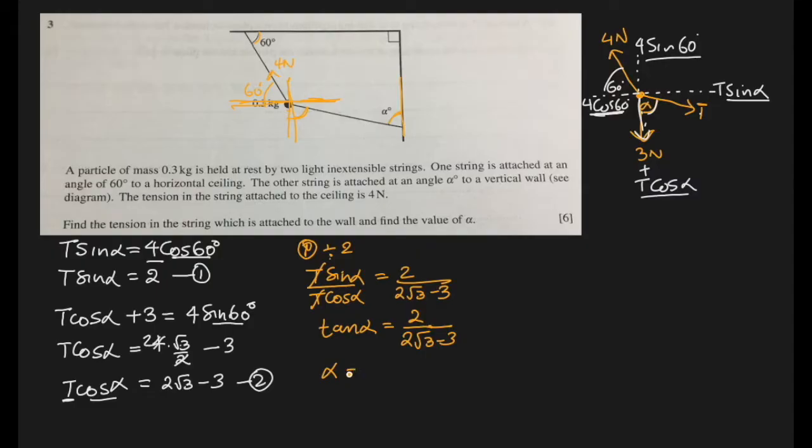So alpha we can find. They are asking us to find alpha, right? So they are asking tension first, but we are finding alpha first. That's fine, no problem. Tan inverse of 2 divided by 2 square root 3 minus 3.